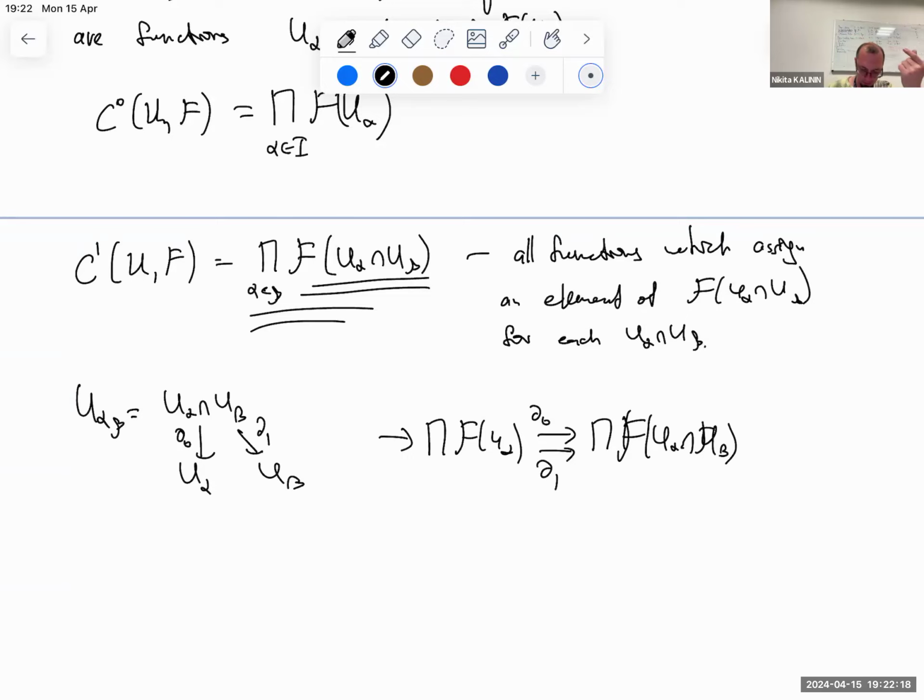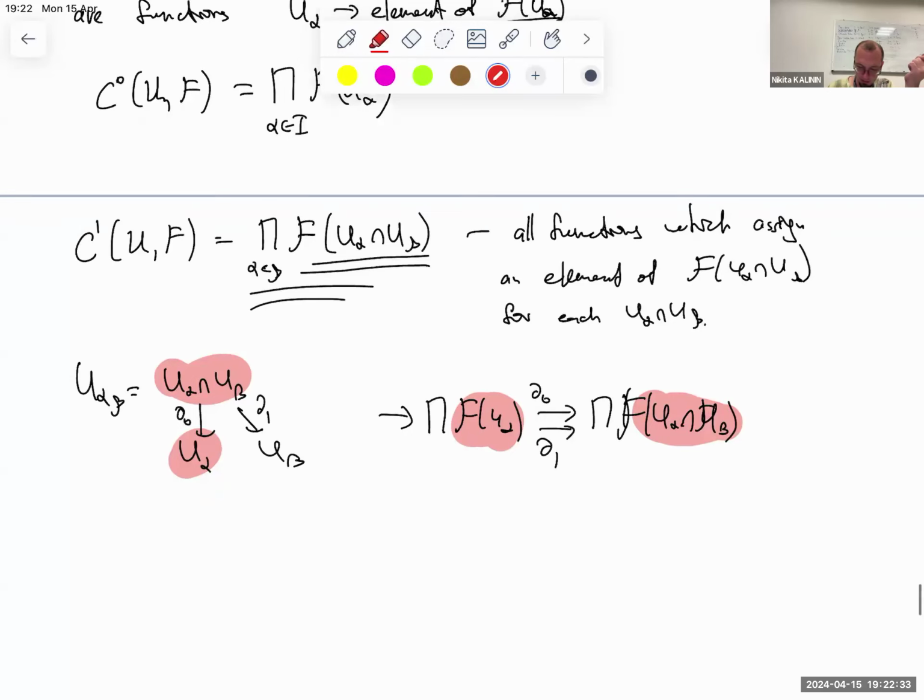If you have an inclusion of an intersection into a set, then there is a corresponding map which is restriction. You just restrict F of U alpha to F of U alpha intersect U beta, because we have such a map in the definition of presheaf. And certainly we then have three maps to the products of F of U alpha, U beta, U gamma, because when we have a triple intersection, there are three maps to all the pairwise intersections.